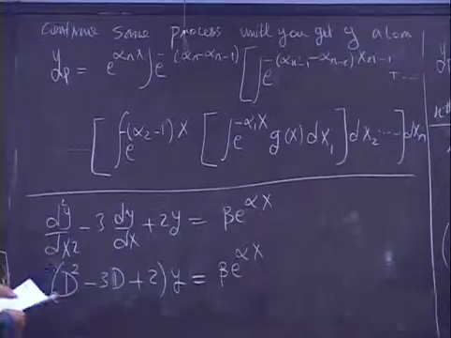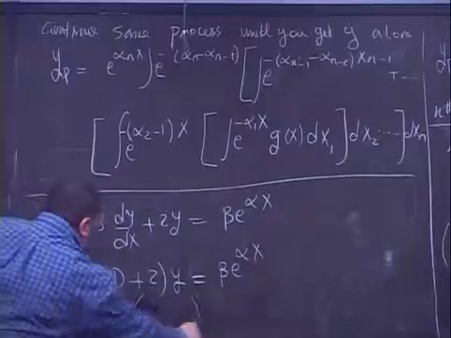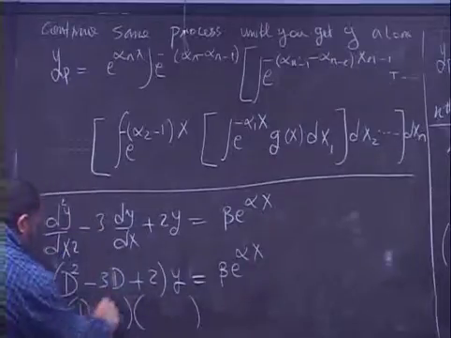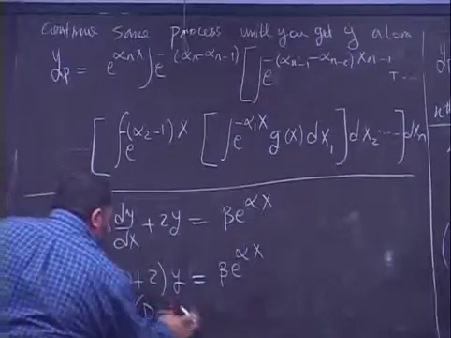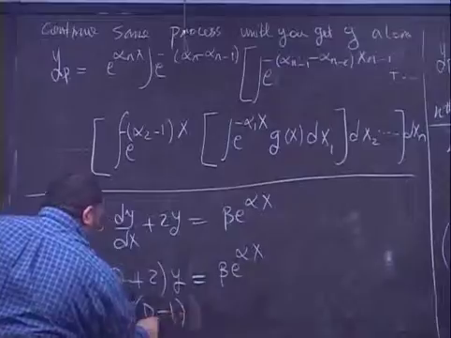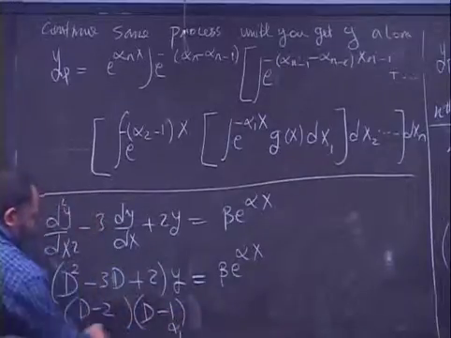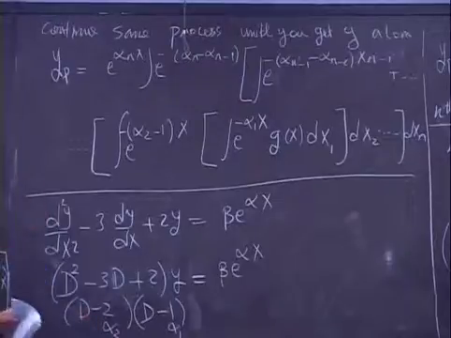Then you will decompose this to D minus 2 and D minus 1. So what's alpha 1? This is alpha 1. And what's alpha 2? 2. Those are the alphas.